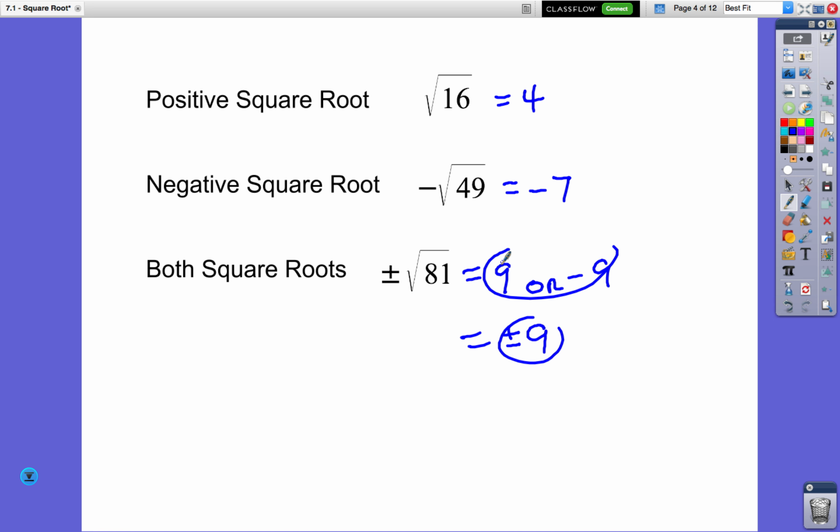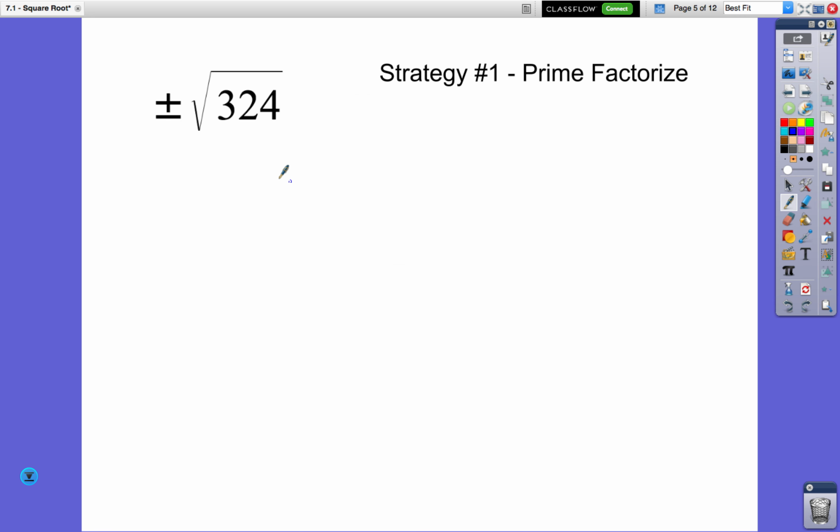This answer and this answer equate to the same thing. Okay, so positive square roots, we give the positive answer. Negative square roots, we only give the negative answer. Both square roots, we see this positive or negative symbol, and we give both answers, either like this or like this.